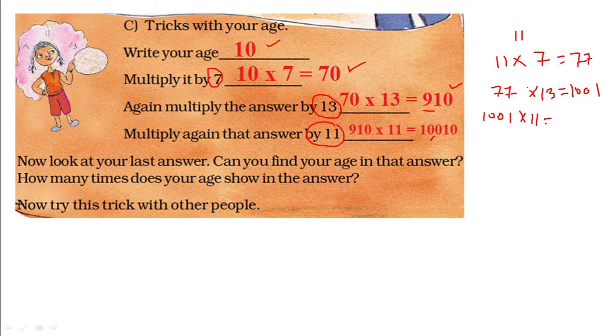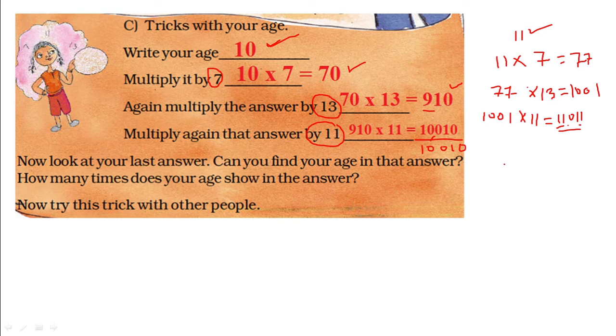So then the answer will be 11011. Can you find the pattern in the answer, this and this? Yes, the age was 10 years, so the answer was 10010, and when age was 11 years, answer was 11011.